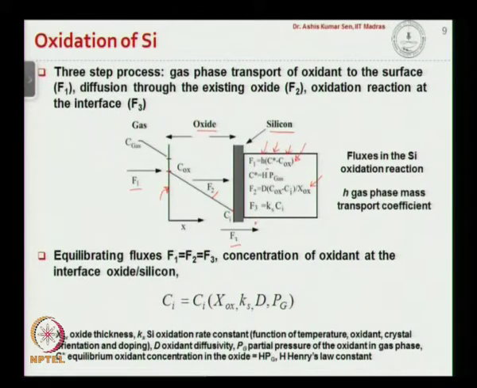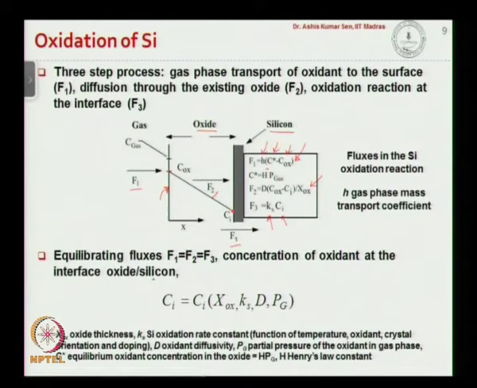And F3, the oxidation reaction at the interface, depends on Ks. Ks is the oxidation rate constant, and Ci is the concentration of the oxidant at the silicon and silicon dioxide interface. Those are the three different steps in a typical oxidation process.